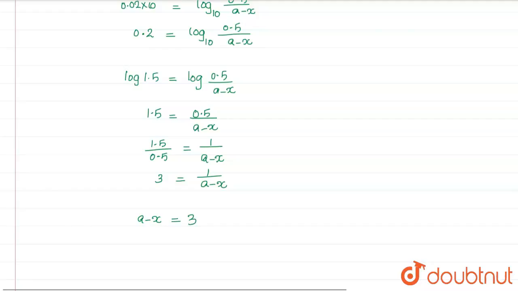What is A minus X? A minus X is the final concentration of hydrogen peroxide.